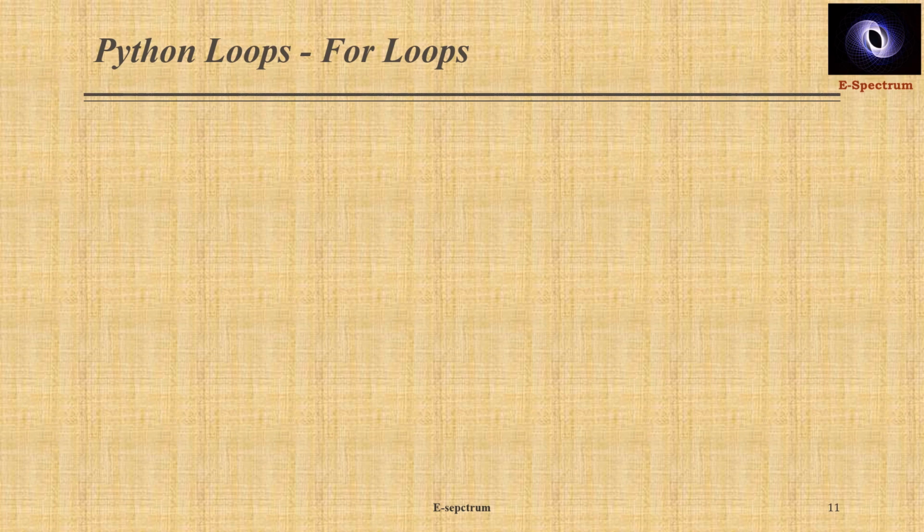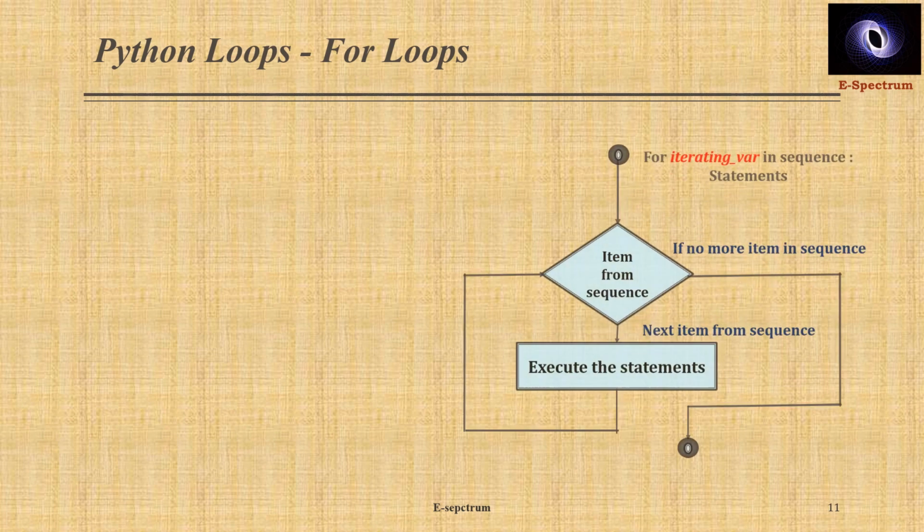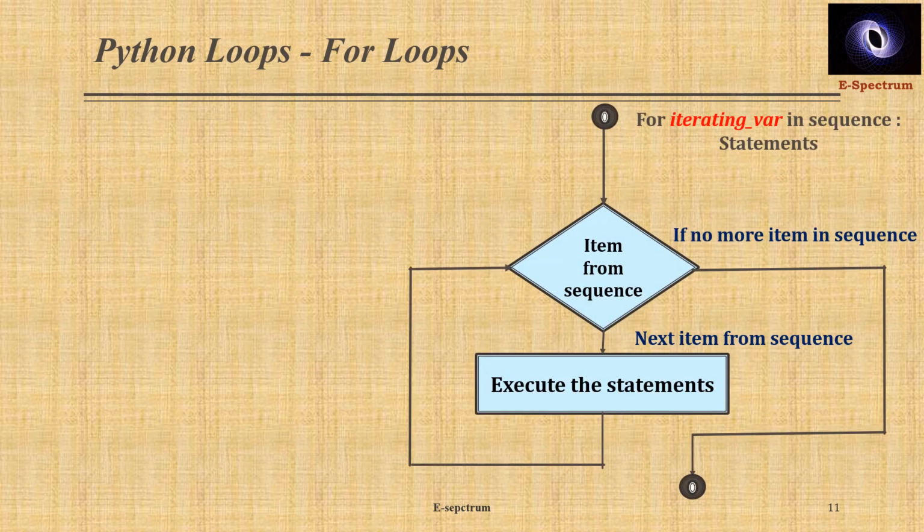The next that we will see is the example of the for loop. The syntax, the flowchart we have, is for the iterating variable in sequence. What I want to do with the for loop is execute statements. So items from the list, I am checking whether the sequence is complete.